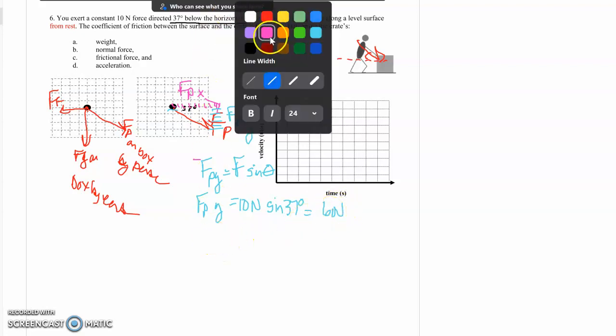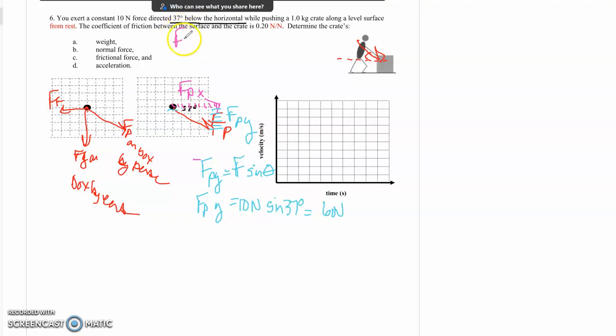And then F push in the X direction is going to equal 10 newtons cosine 37. And that should be 8 newtons. All right, so it helps. It's sort of like getting out your ingredients before you cook. It really helps to go ahead and get those components.